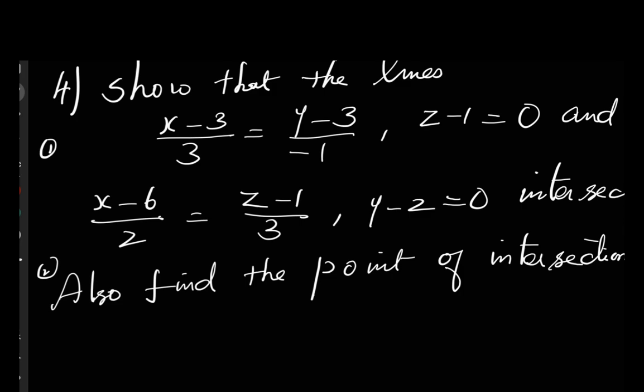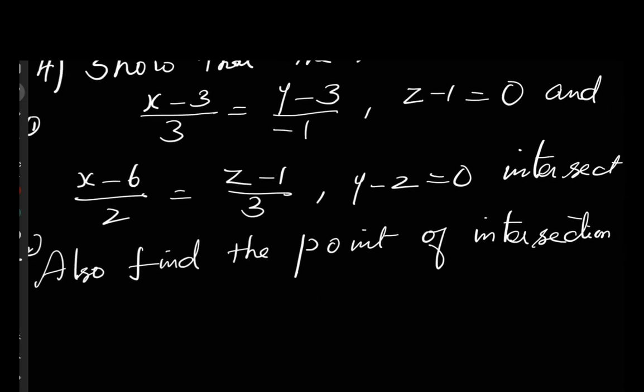First let us answer the first one. We are going to show the two lines are intersecting lines. Same thing as you have seen in the previous sum. So let me write the first equation in coordinate form: (x minus 3)/3, (y minus 3)/minus 1. Here equal to is not given, it's given as z minus 1 equal to 0.